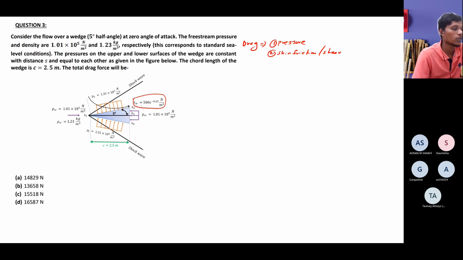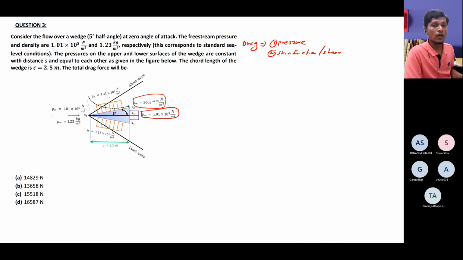So this is your drag due to the pressure and drag due to the skin friction. But if you see the pressure difference at the downstream side, that is the back of this wedge, you have the pressure 1.0 times 10 to the power 5, that is the free stream pressure, and this is also a pressure difference.